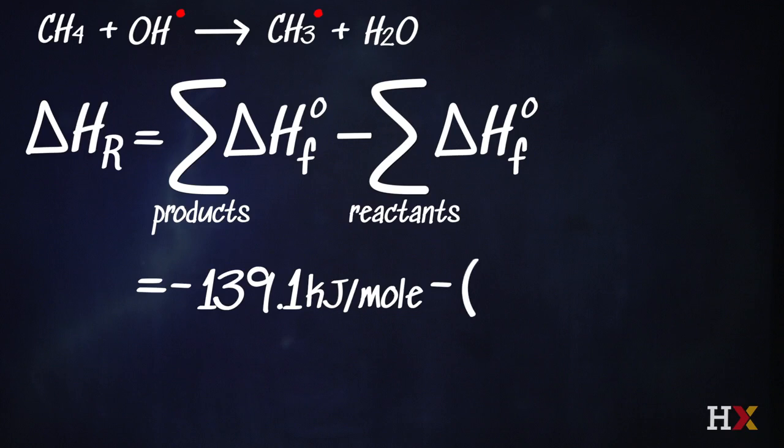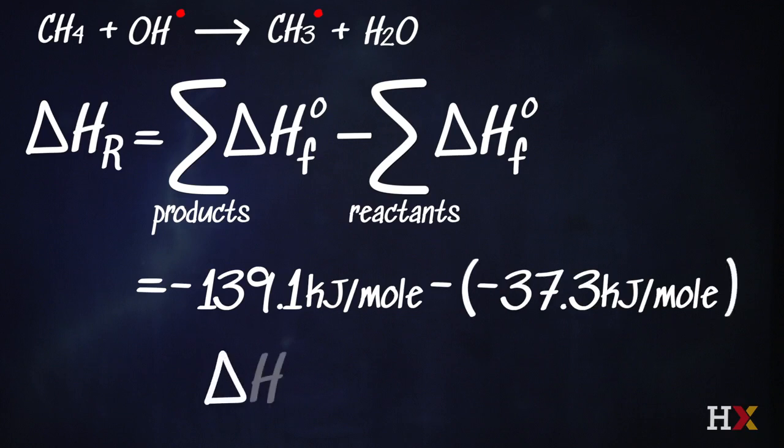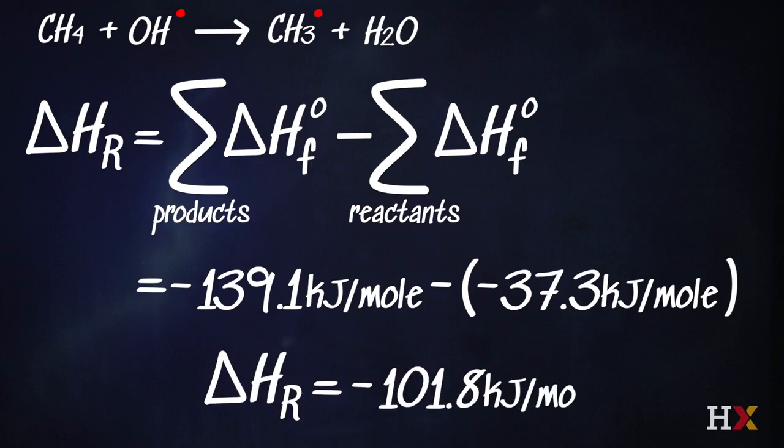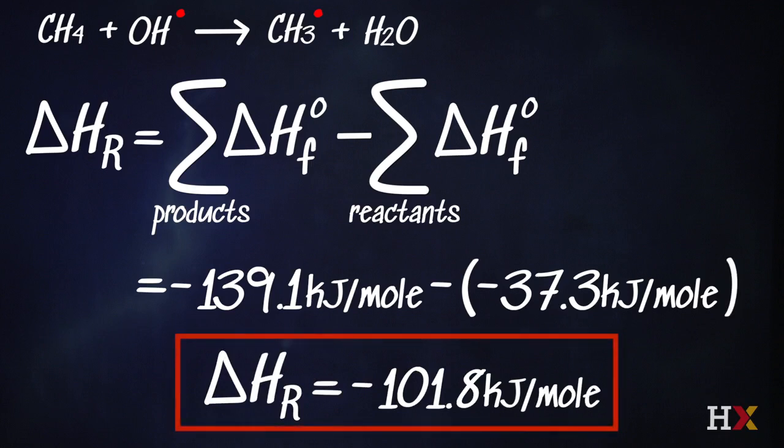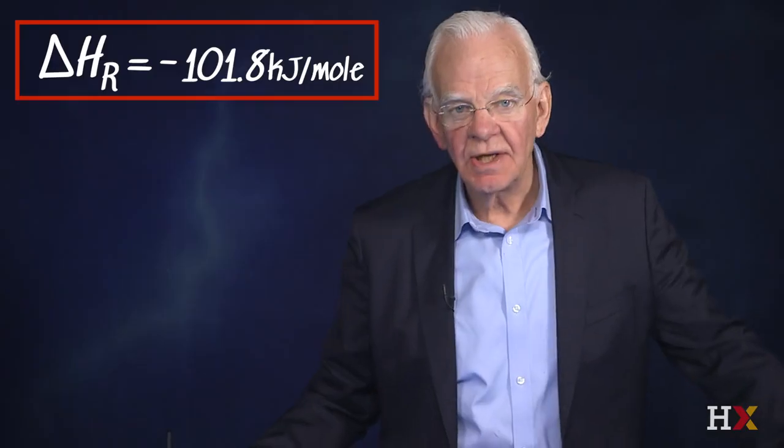So we subtract off a minus 37.3 kilojoules per mole, and that gives us an overall change in enthalpy for the reaction of minus 101.8 kilojoules per mole.